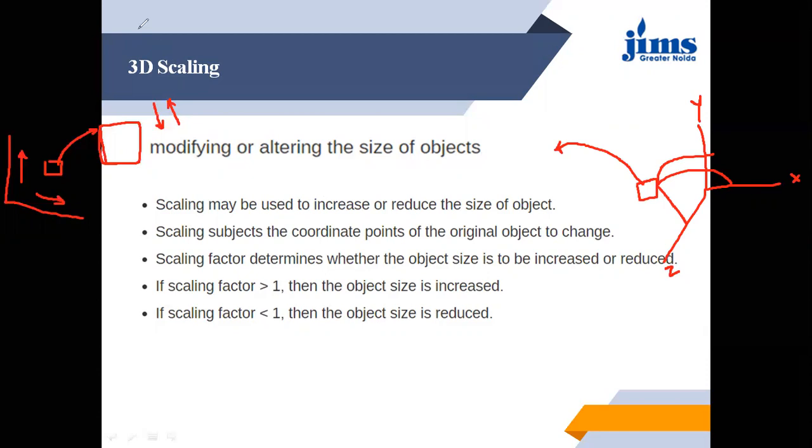When we discuss transformations, there are two things we can perform: first, in which the size of the object is changed, and second, in which the size of the object is not changed. In scaling, the size of the object is changed.